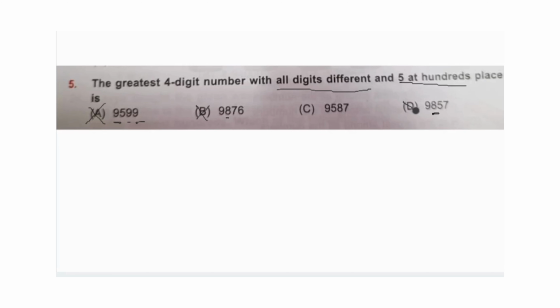We can rule out option D. We are left with the correct answer, which is option C, 9587. So instead of really finding the largest number, you can use elimination of options that do not comply with the condition and find the correct answer.